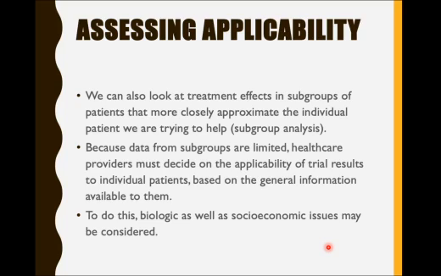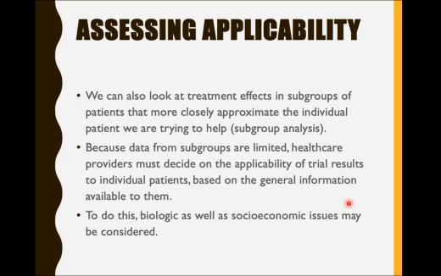And if the patient applies to the subgroup, you look for the treatment effects in that particular group. Now, because data from subgroups are limited, healthcare providers must decide on applicability of trial results to individual patients based on the general information available to them.